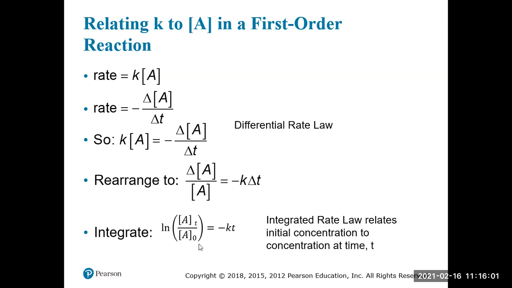And so you can have natural log of the concentration of A at a particular time t divided by the concentration of A at the start equals minus k times the time. And this time value is the time at which this concentration with the subscript t on it, that's the time value that you use.